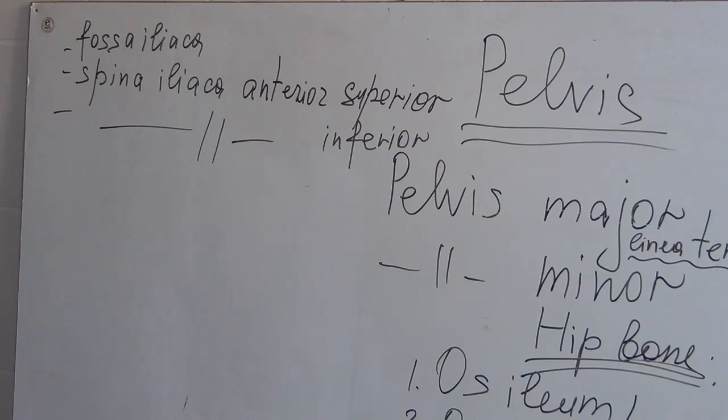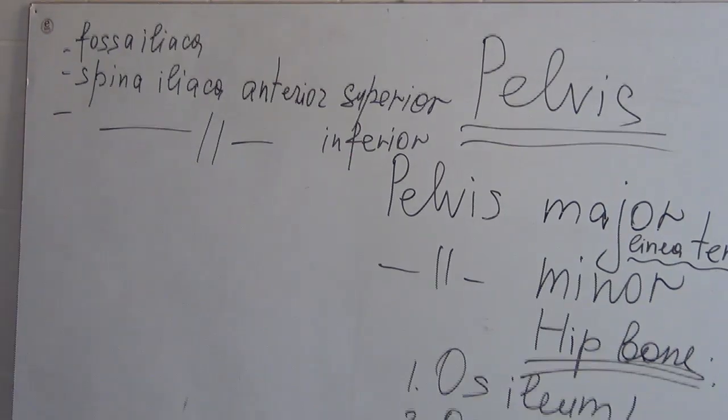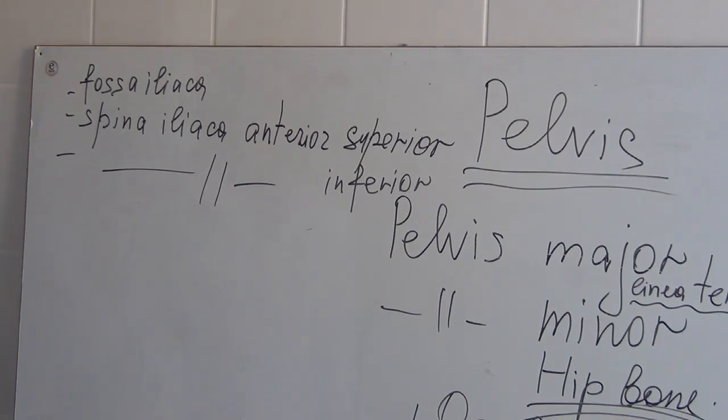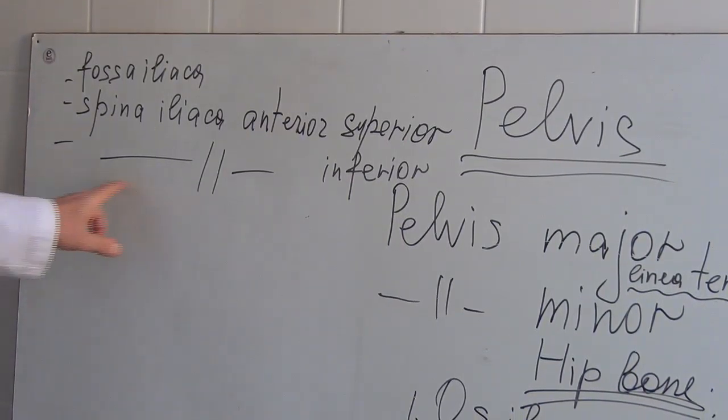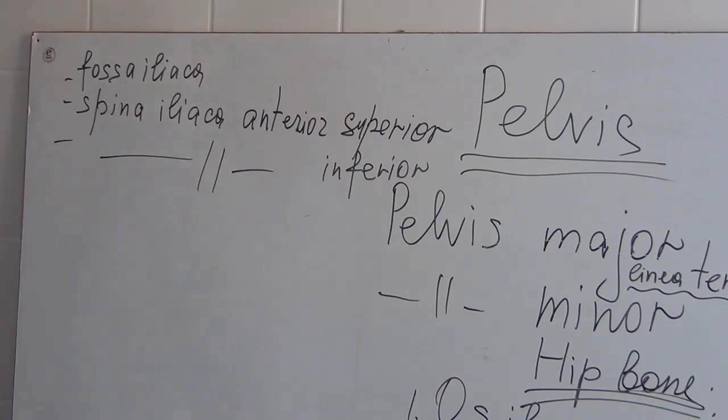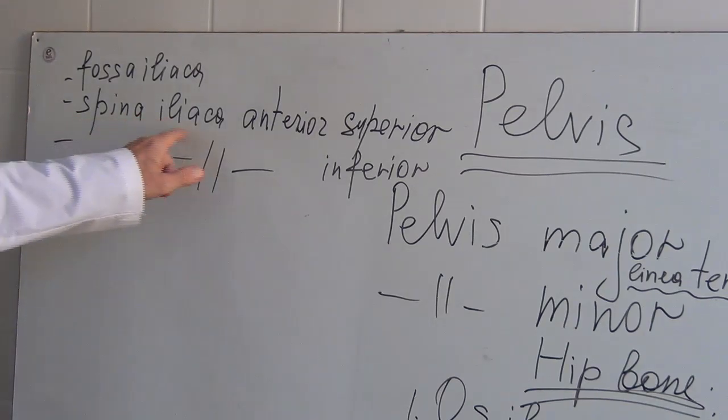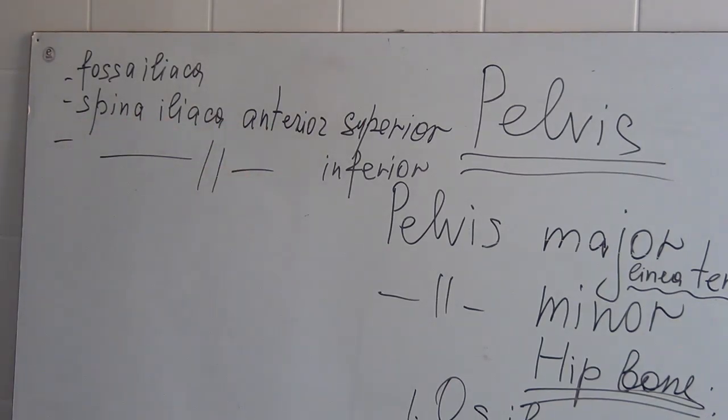For me, it isn't easy to write down on this board, that's why I make this abbreviation, which means the first three words in this term are the same. Spina iliaca anterior inferior.